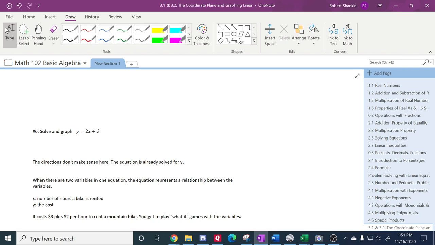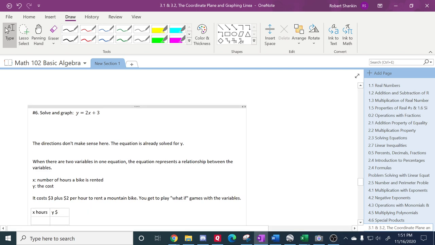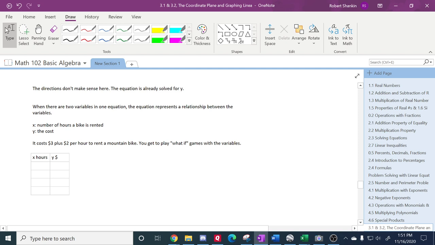And then you get to play what-if games with the variables. So we get to make a table of values. What if I put 1 in for my x? It means I'm going to rent the bike for 1 hour.